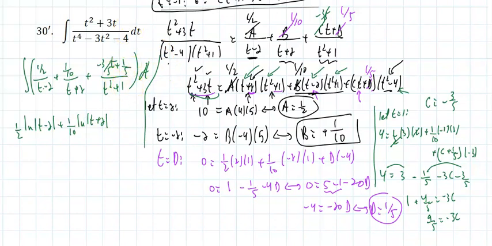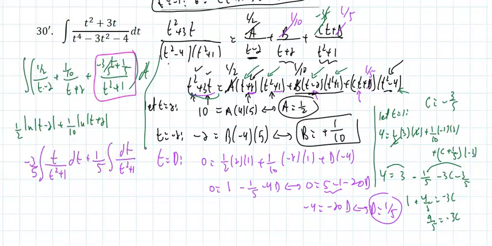Now, the problem comes up with those. I need to split this up, take this and break it into two pieces. I'm going to say that is -3/5 the integral of t over t squared plus 1 dt plus 1/5 the integral of dt over t squared plus 1.